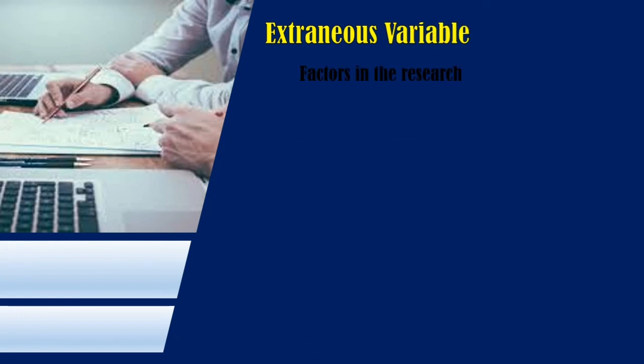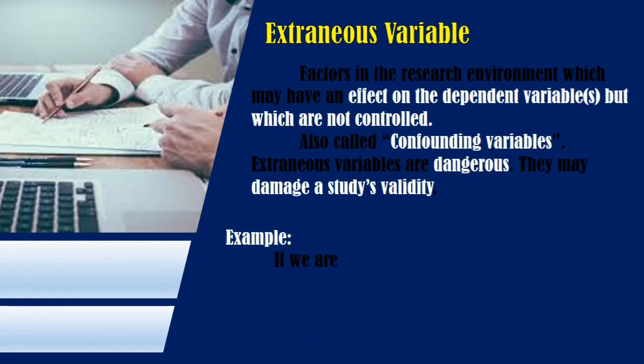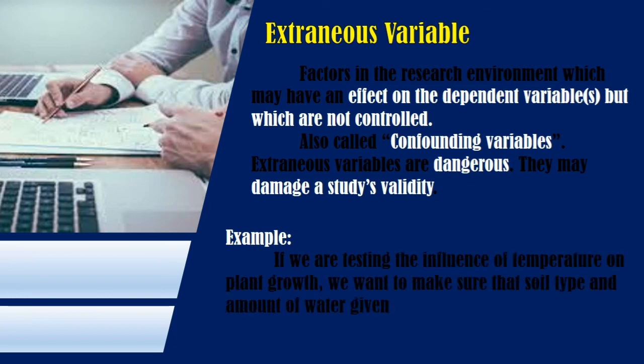Then the last is the extraneous variable. These are factors in the research environment which may have an effect on the dependent variables but which are not controlled. They are also called confounding variables. These variables are considered dangerous since they may damage the study's validity.